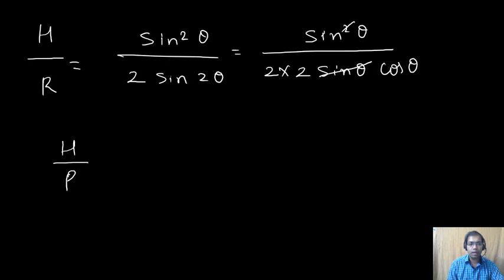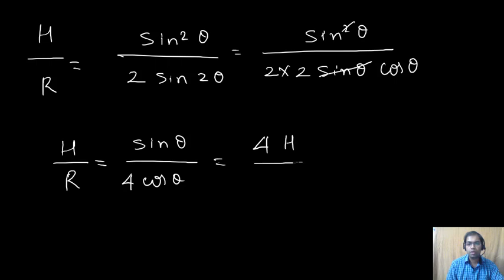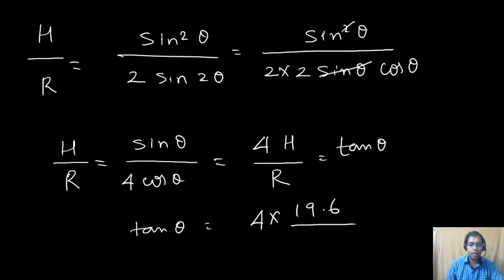So I have h by r is equal to sine theta by 4 cos theta, or 4 times h by r is equivalent to tan theta. So from here I can tell that tan theta is equal to, let us substitute the values, 4 times the height, which is given as 19.6, by the range we found, 78.4, which will be 4 times 1 by 4.